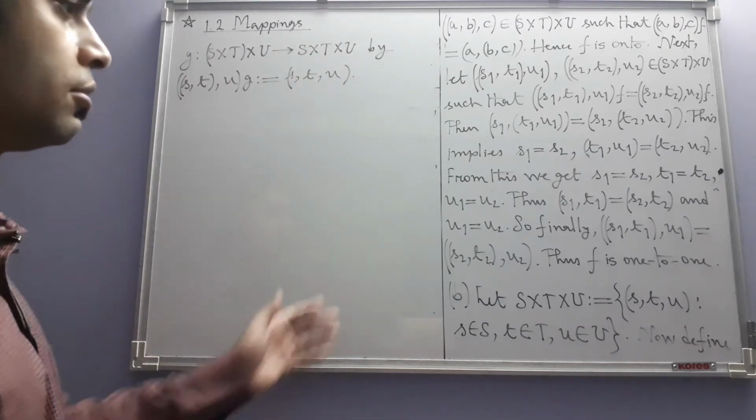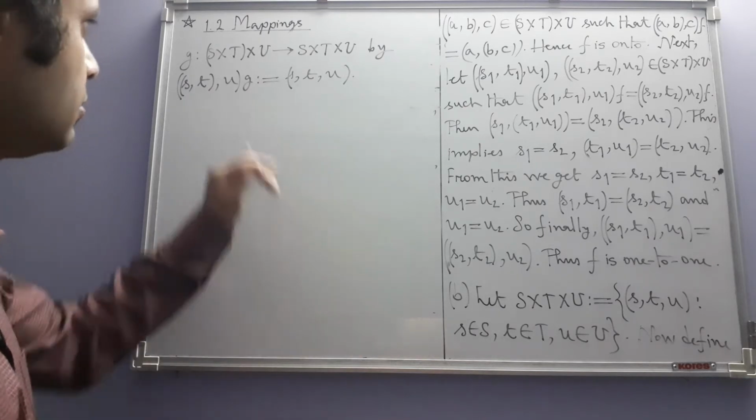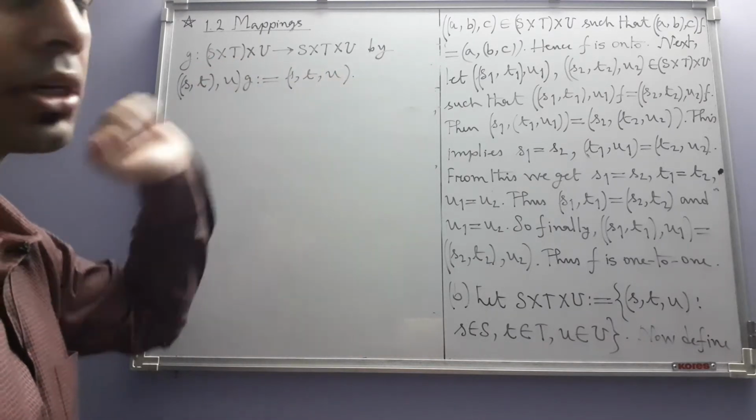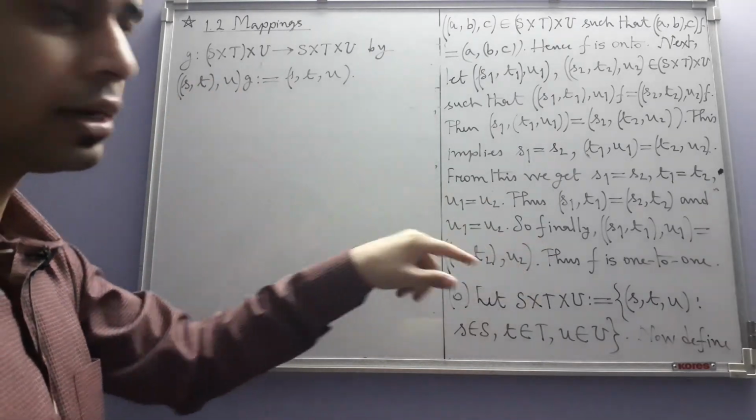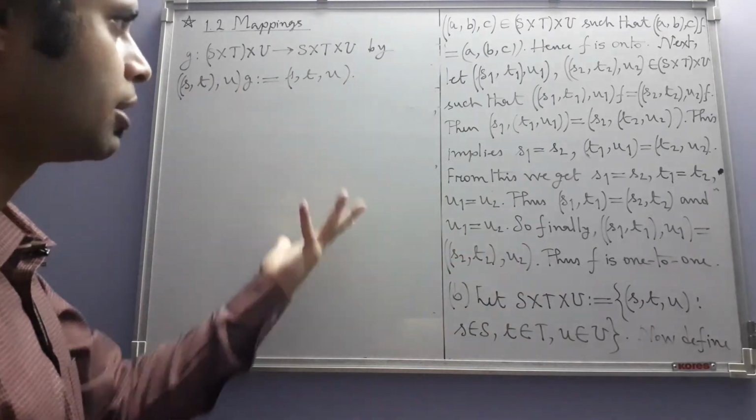Okay, so this is my candidate for the one-to-one correspondence. Now you have to show, just like what we have done here, that this is a one-to-one onto mapping.